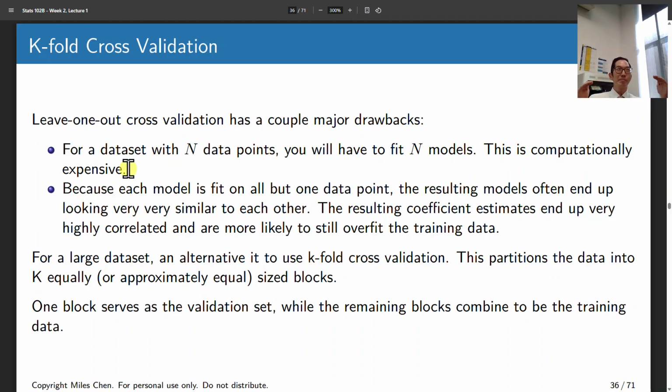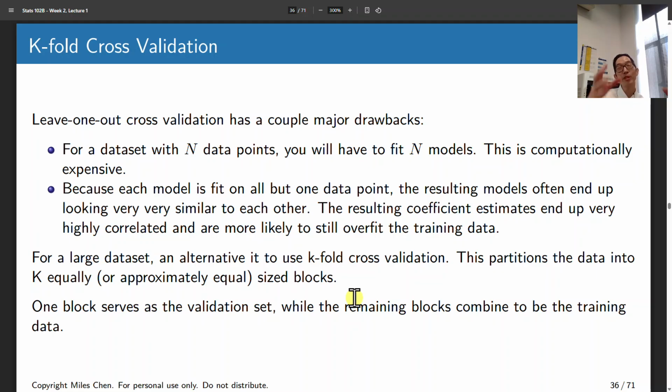And so if almost all of these data points are exactly the same, your two models are going to be almost exactly the same, right? And so your resulting coefficient estimates end up being super highly correlated, and you run the risk of overfitting your training data.